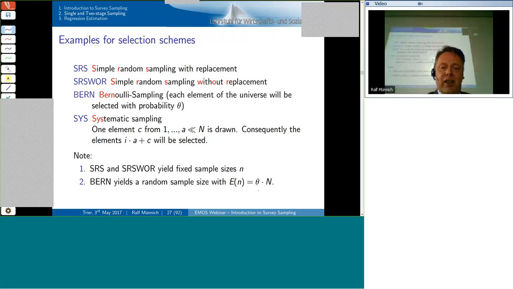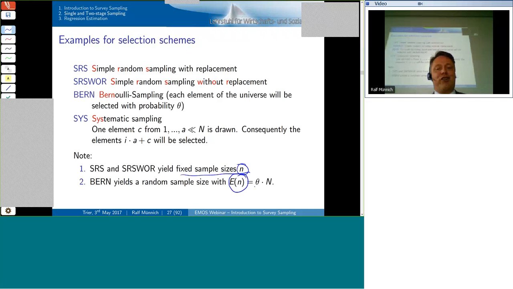Like simple random sampling, in general, you have a fixed sample size, and that's predefined. In Bernoulli sampling, you have a selection probability for each element, and then the sample size is a random variable. So the expected sample size reads theta times capital N, the number of elements in the universe.